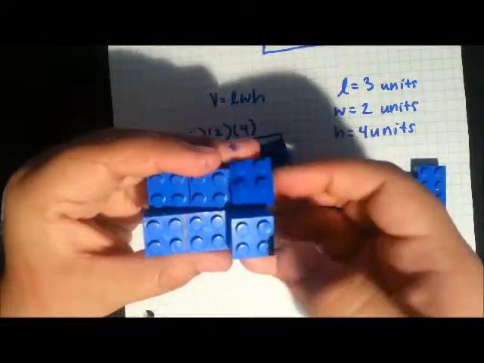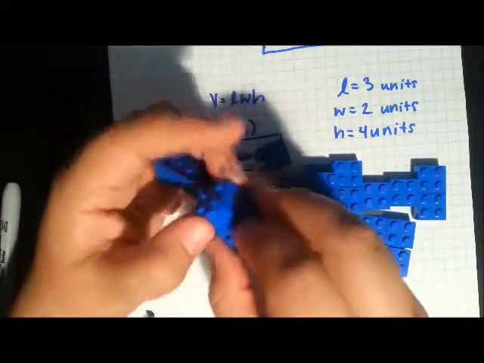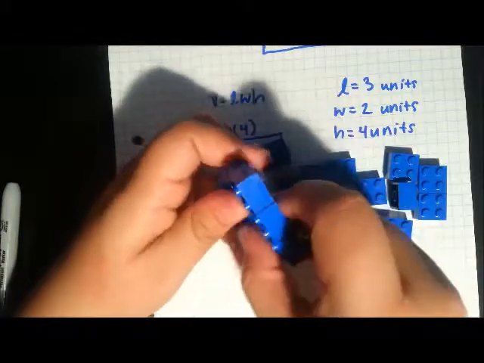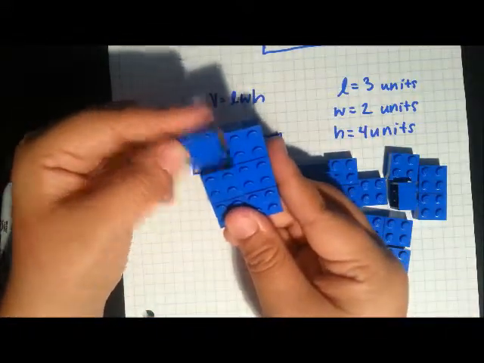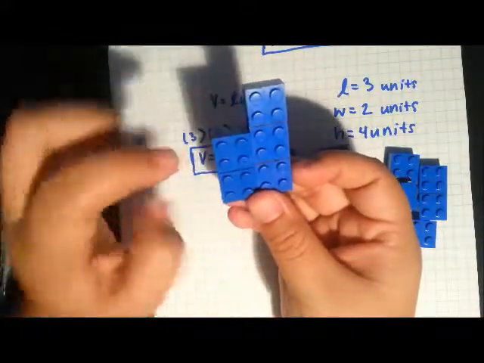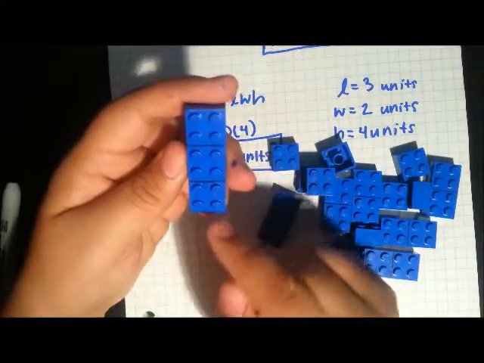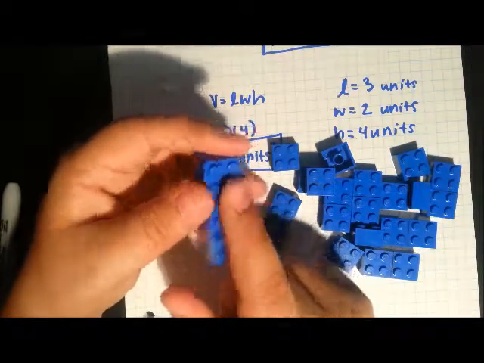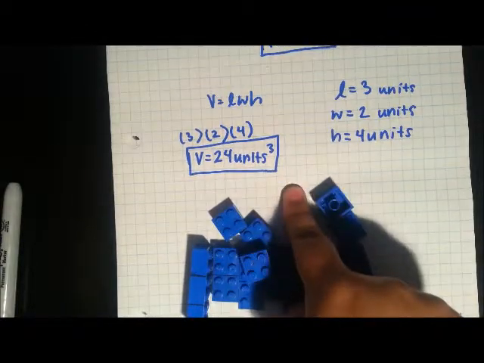We have 18. We have 19, 20, 21, and then 22, 23, 24. So just like we figured out, 24 units cubed.